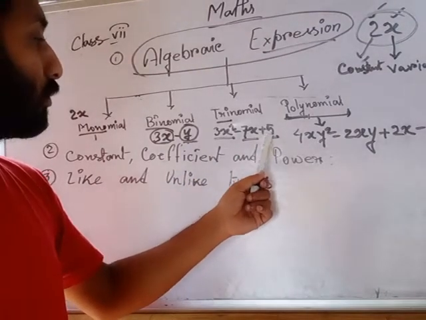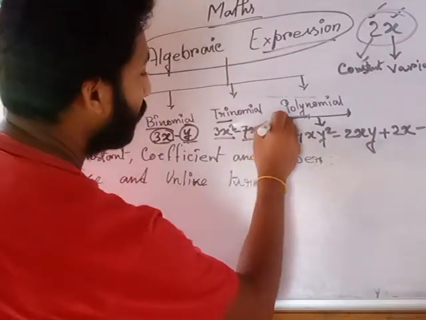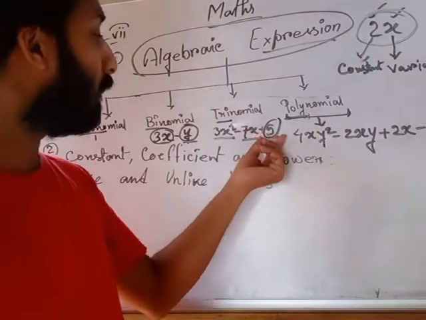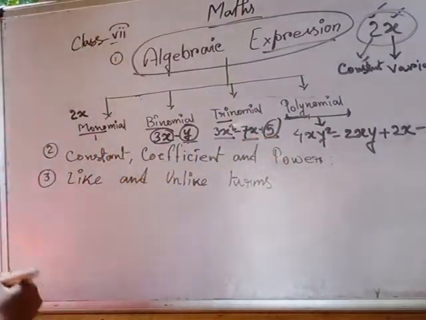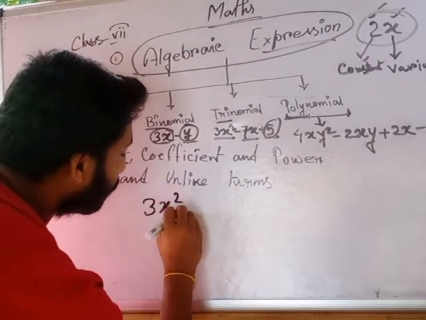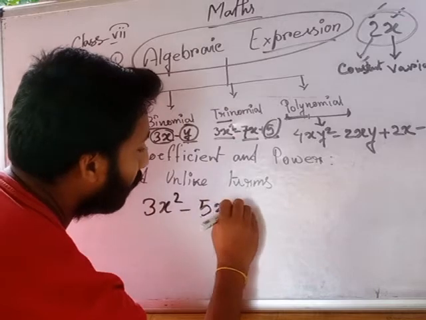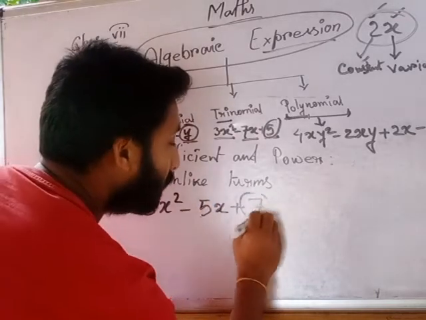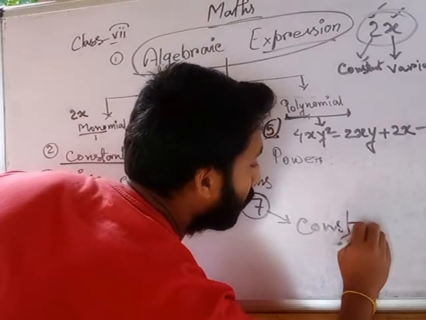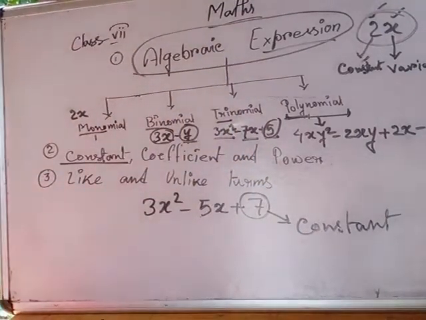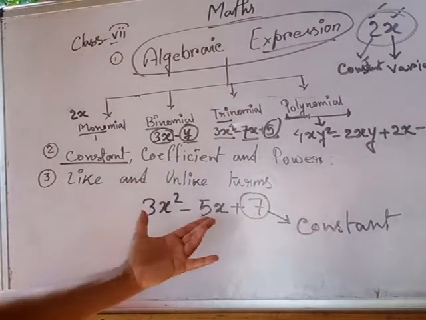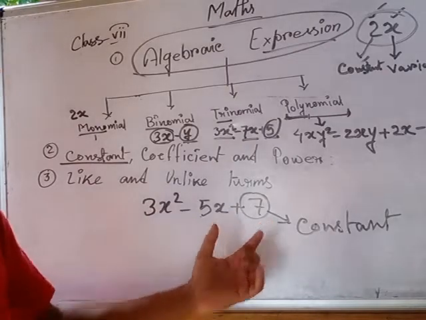this one is called the constant. That means if it does not have any variable, that is called the constant. Suppose it is 3x square minus 5x plus 7. 7 is the constant.